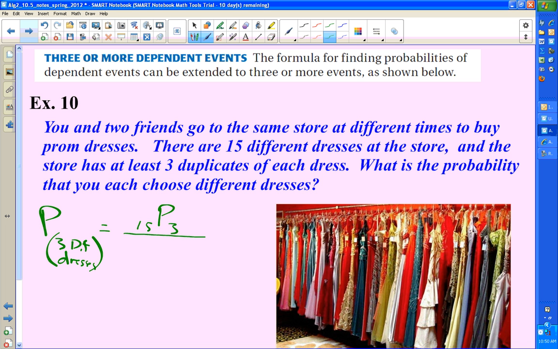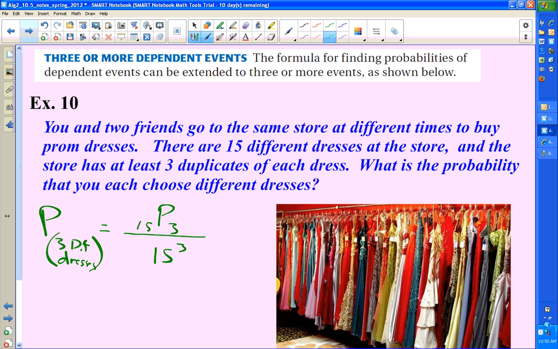That's how many ways you could pick the dress, Stephen. How many ways could I pick my dress? How many ways could Spencer get his dress? How many ways could the three of us come back with dresses for the prom? How'd you get it? 15 cubed.